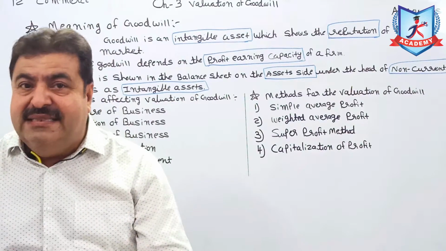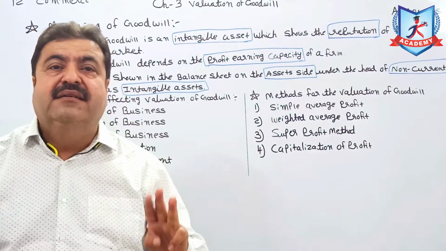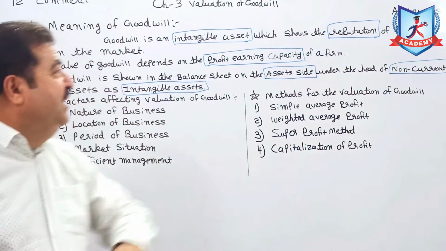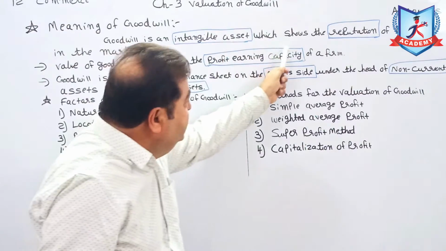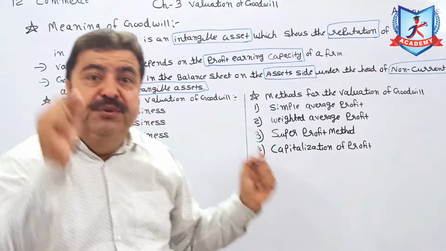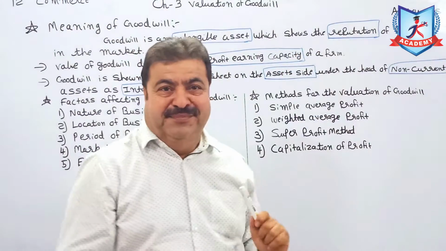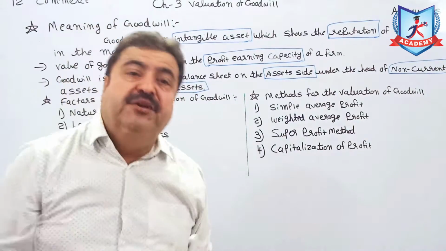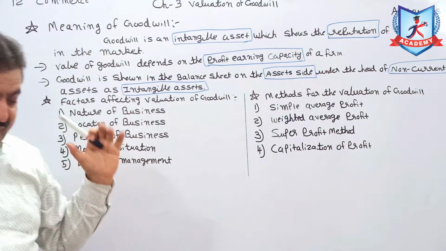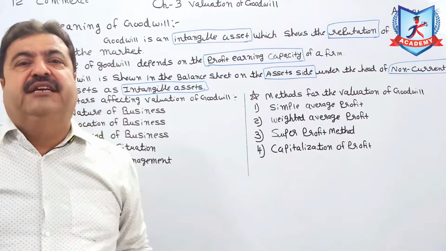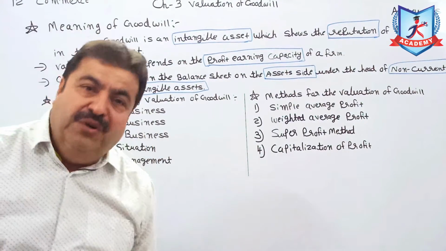Patents, very nice. Trademark, copyright. So goodwill is an intangible asset which shows the reputation of the firm in the market. If you have a very good reputation in the market, then you have goodwill.